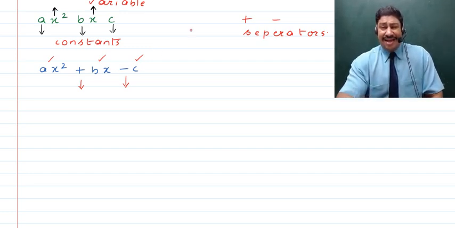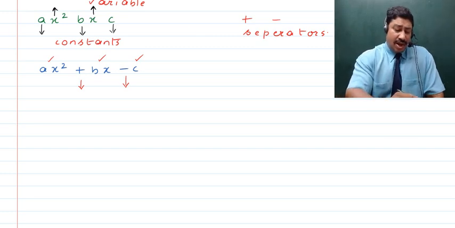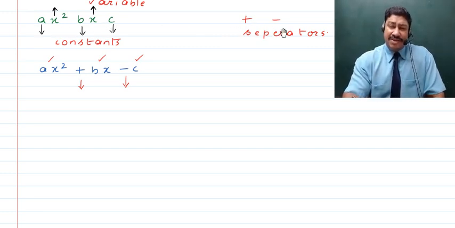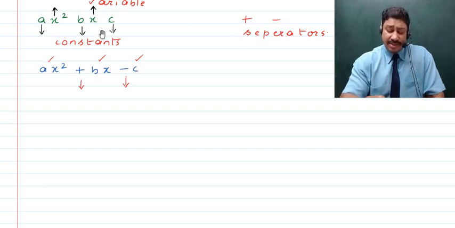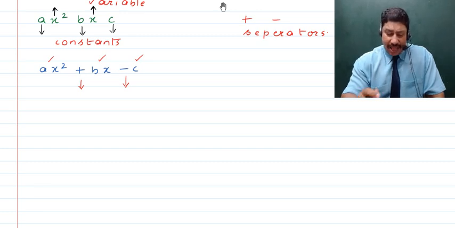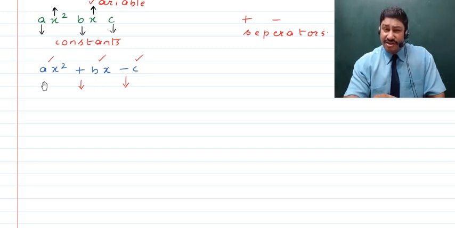Whenever you have an algebraic expression like the one we discussed first, which doesn't have any separator in between, it just has constants and variables, then it will be known as a term. If you have one separator, then there'll be two terms, as the whole algebraic expression will be separated into two parts. And if there are two separators, obviously there will be three parts, and those three parts are known as three terms. As such, this will then be known as a trinomial.